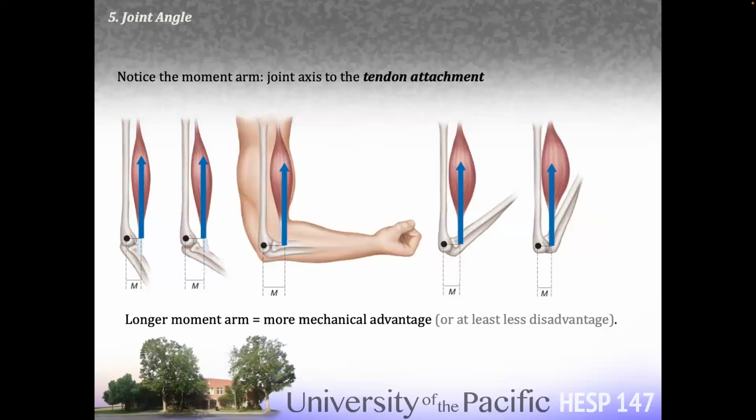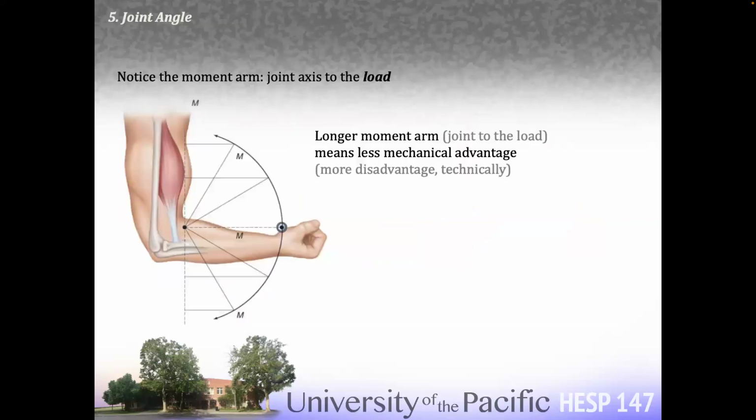You have better mechanical leverage in the middle of the range of motion here too. But the moment arm of the load also changes throughout the range of motion. And the moment arm of the load can be seen in this diagram. It also reflects the length tension relationship. The longest moment arm of the load is experienced in the middle of the range of motion.